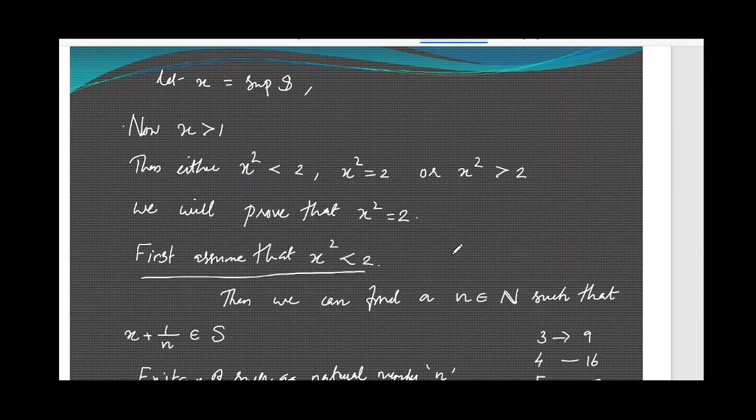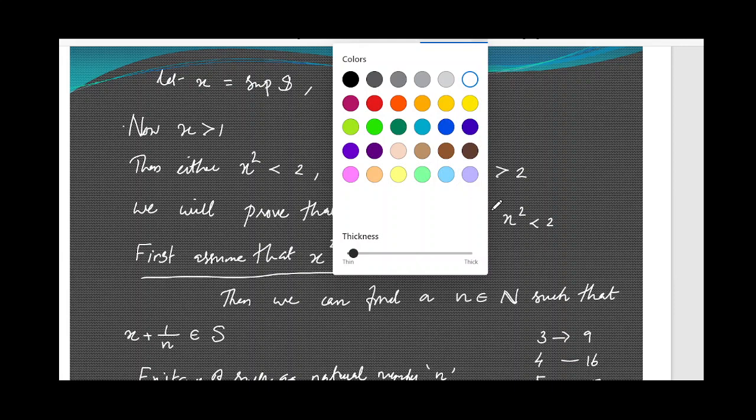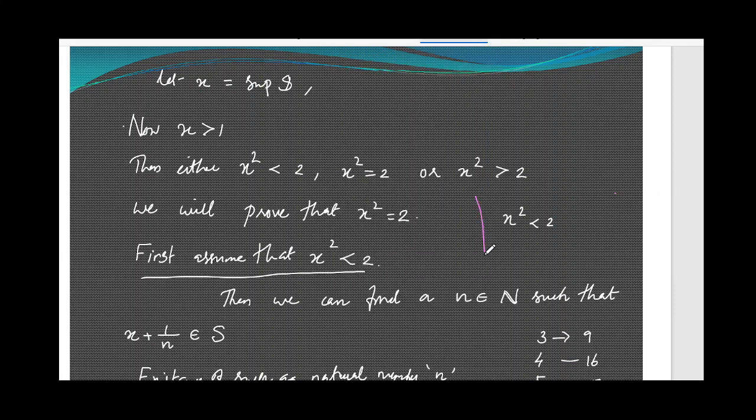For that, first assume that x square is less than 2, and we will arrive at a contradiction to the fact that x is a supremum.